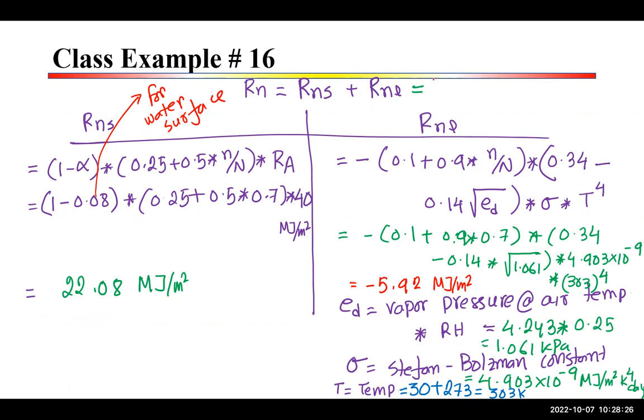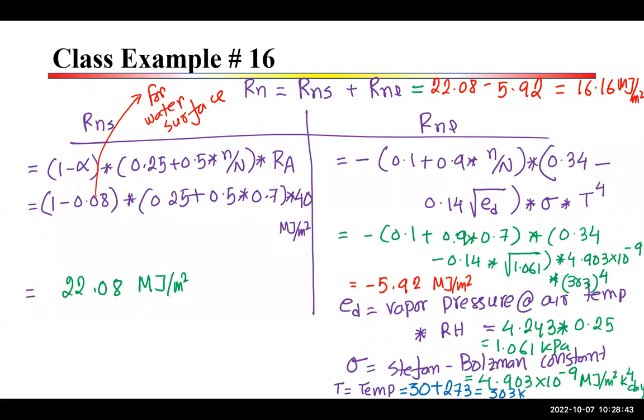Okay, so finally you have 22.08, 5.92. Finally, you have 16.16 megajoule per meter square there, right? All of you got that?